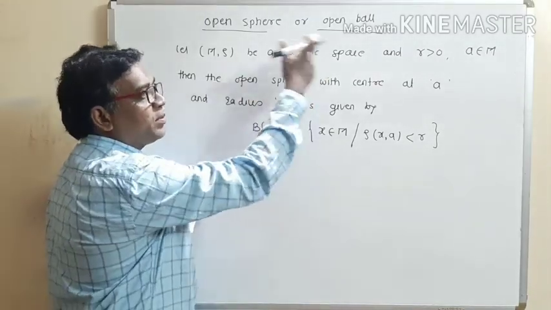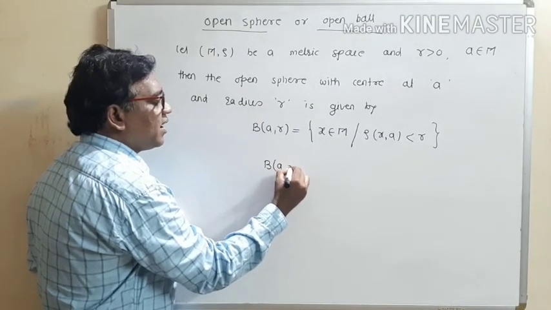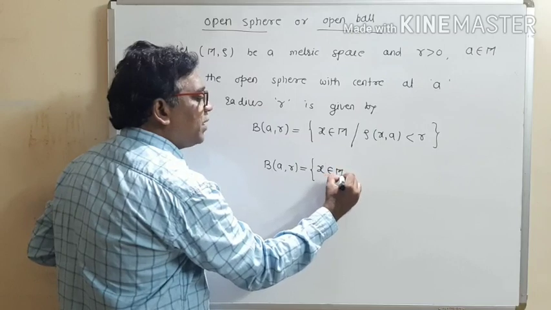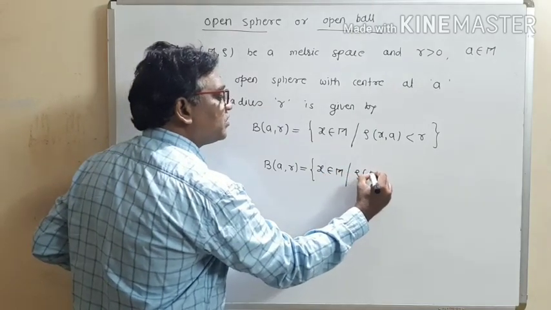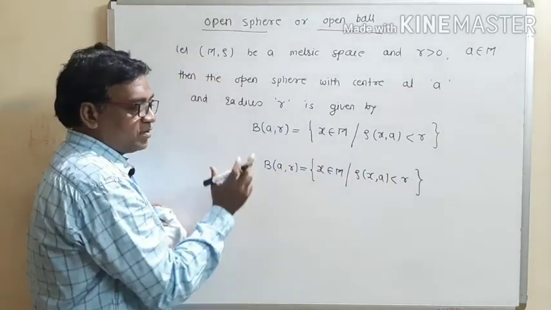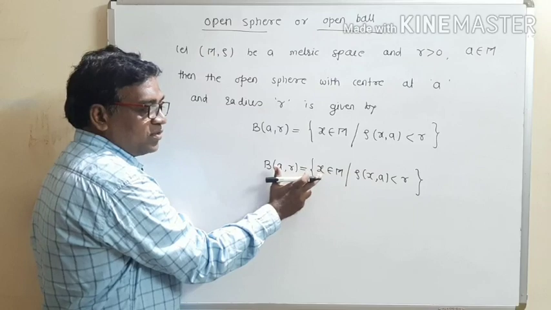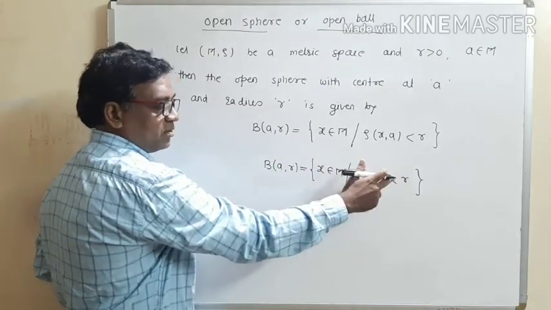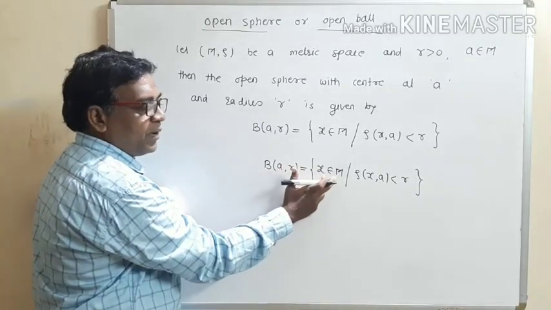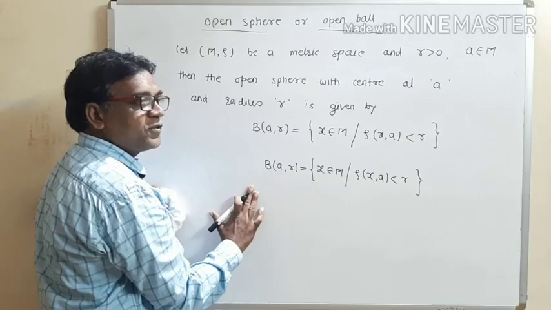If we consider (M, rho) as a metric space, then the open sphere B with center at a and radius r is given by the set of all those elements in the metric space having this condition: distance between x and a is less than r. It is called the open sphere or open ball.